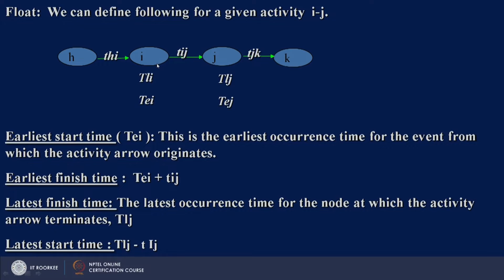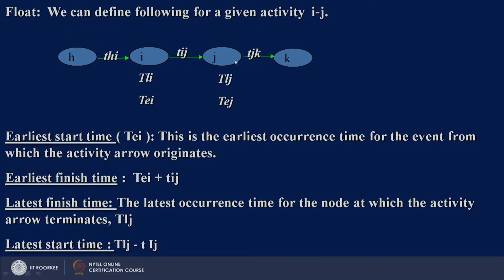Now at all these nodes you can find out TE and TL, right. So let us focus on this particular activity which is in between these 2 activities, right. So you have got TEi, earliest start at this particular node, then TLj, latest completion time, then you have got earliest start time and latest completion time.